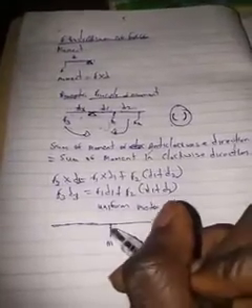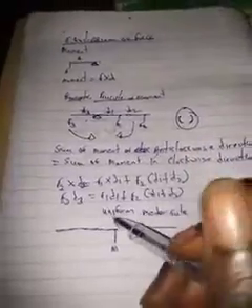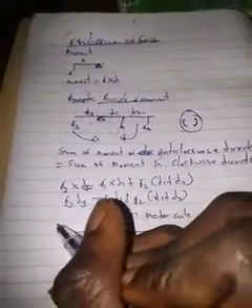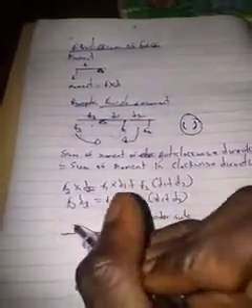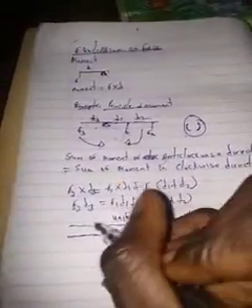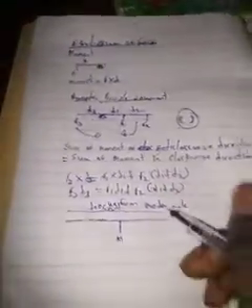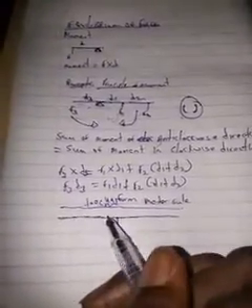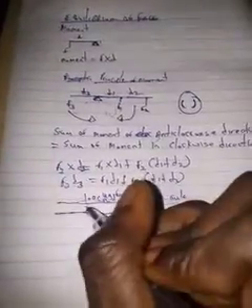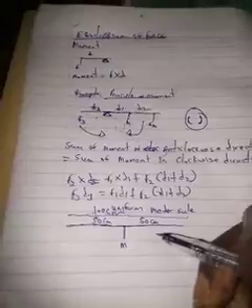The length of a meter rule is 100 centimeters. If you split it into two, this side is 50 centimeters, while this side is 50 centimeters. Hope you get that now.